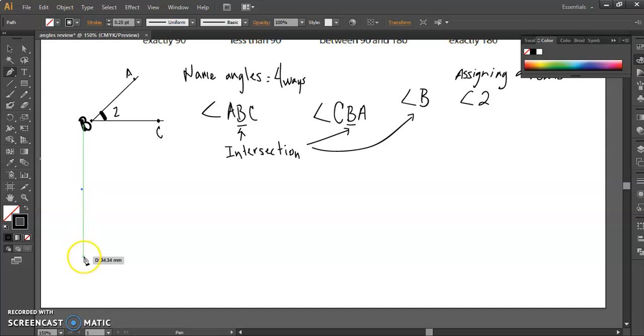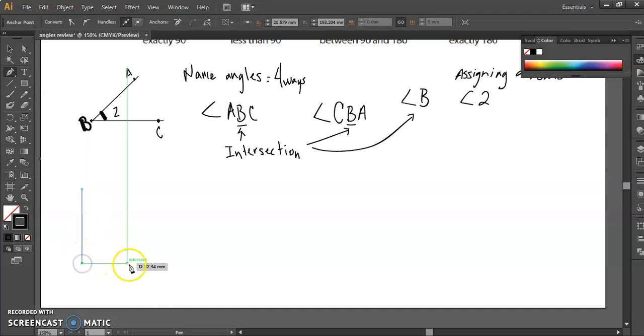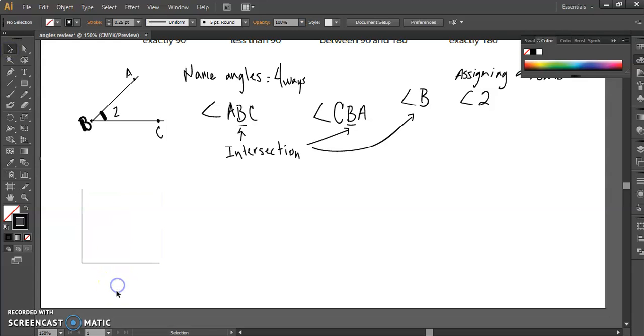I'm going to draw out a right angle, and I'm going to draw a ray that divides this angle.